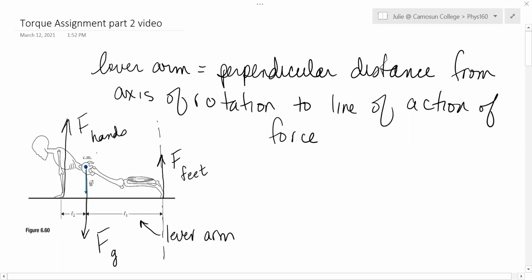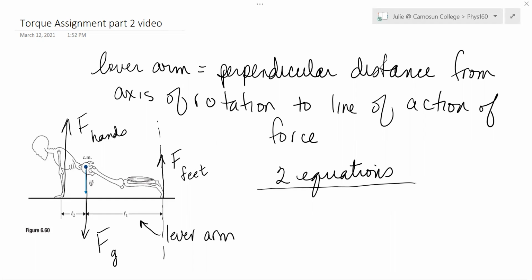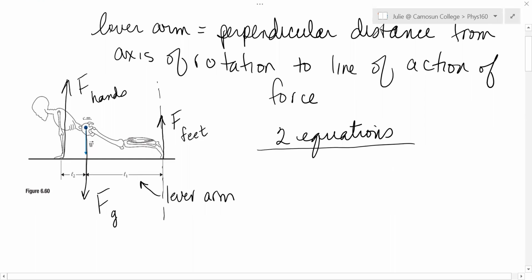Now, you've got two unknowns. You don't know the hands force and you don't know the feet force, but you have two equations. In fact, you can make a whole bunch of equations here. When you define the axis of rotation, you can put it anywhere you want. And you could just write the torque equation out multiple times to find these two unknowns.